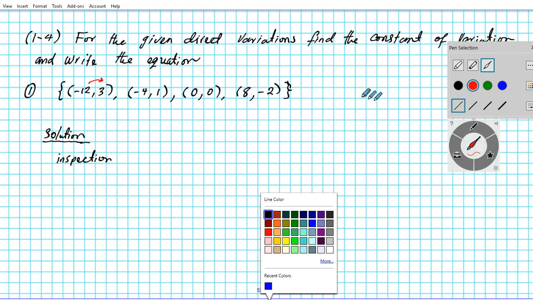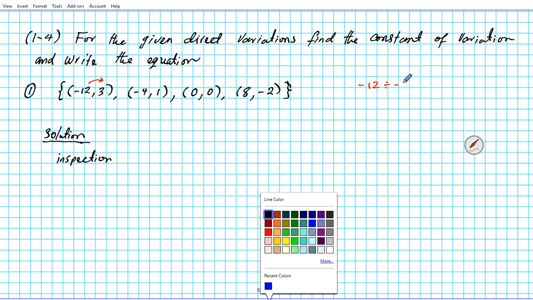Alright? So to go from -12 to 3, what you do is you divide by -4. Okay? Dividing by a number is the same thing as multiplying by the reciprocal, which is -1/4. Remember, keep change flip or drop change flip. Alright, so every single time what we're doing is we're multiplying by -1/4.